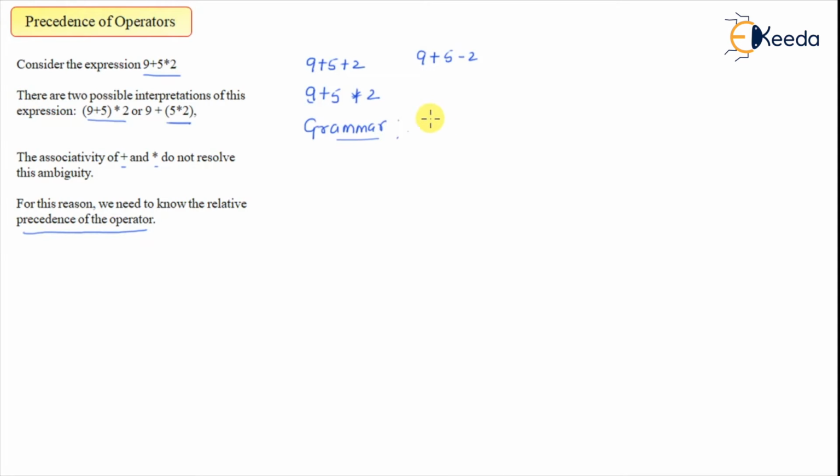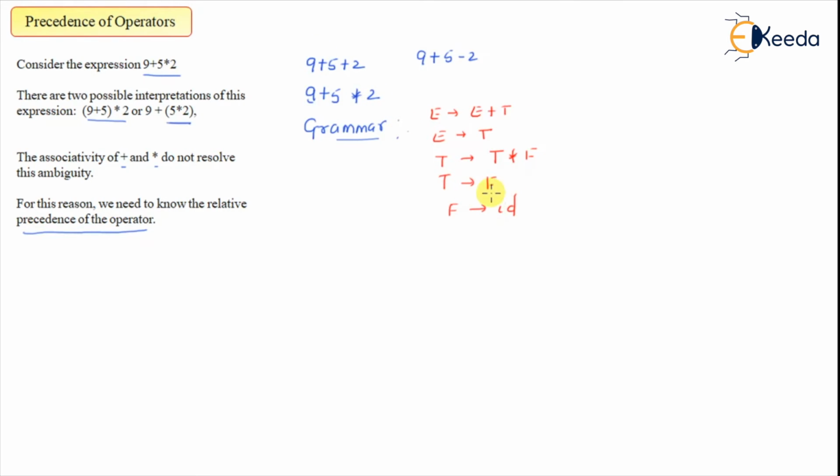Say this is my grammar: E derives E plus T, E derives T, T derives T star F, T derives F, and F derives ID, say an identifier or number.